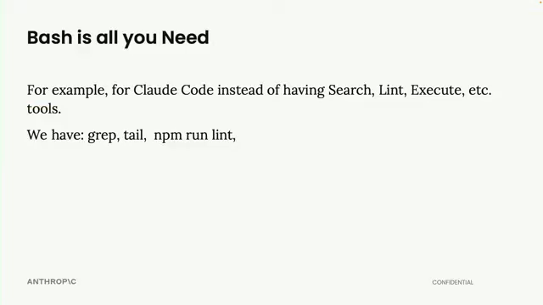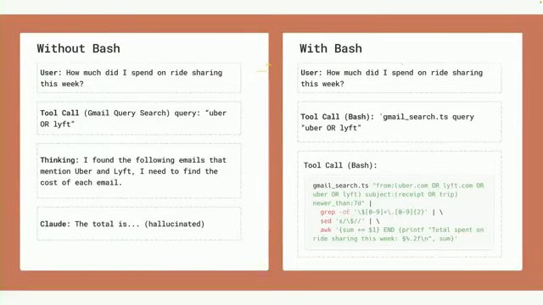To talk about this in the context of non-coding agents, let's say we have an email agent and the user asks, how much did I spend on ride sharing this week? Generally it has the ability to search your inbox, so it can run a query like, search Uber or Lyft.